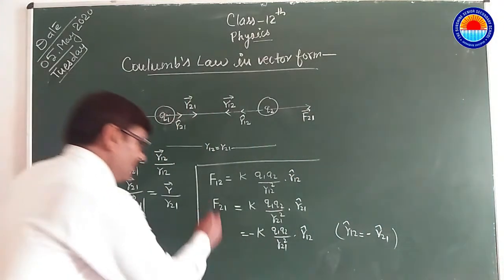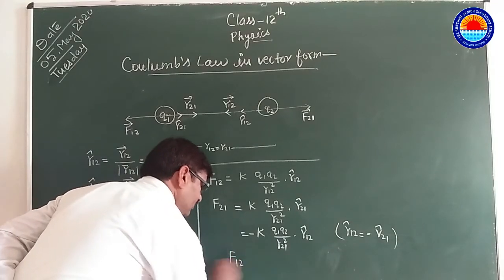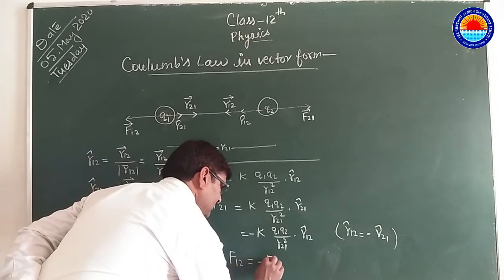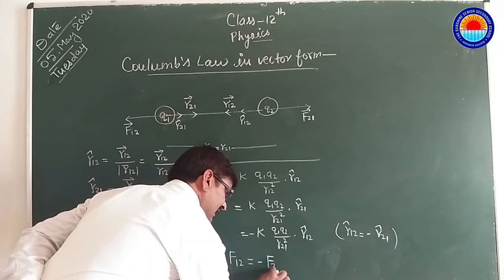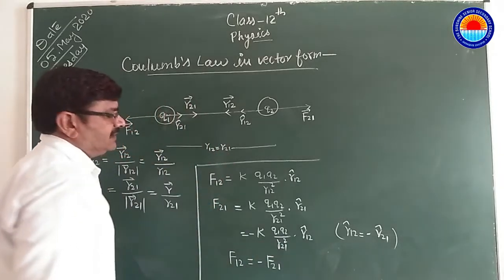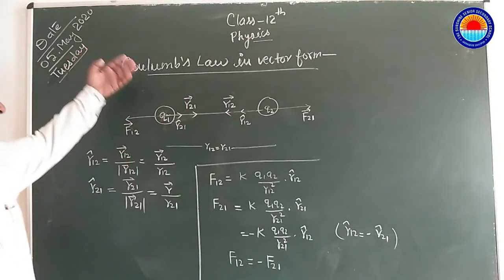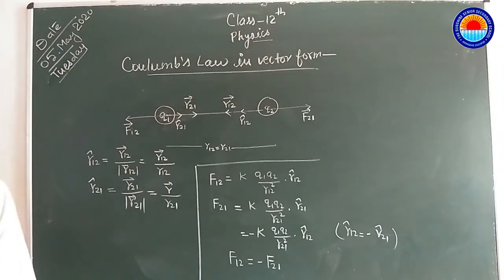That means force applied on charge 1 due to charge 2 is equal and opposite in direction to force on charge 2 due to charge 1. This is Coulomb's law in vector form.